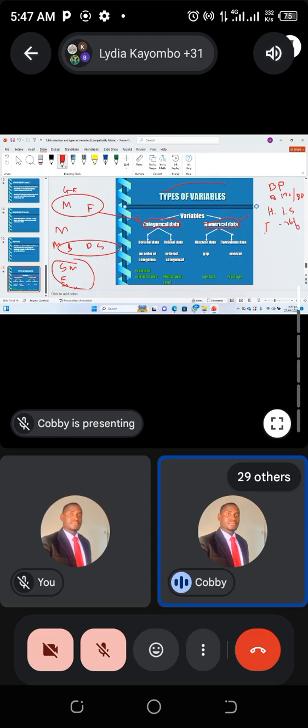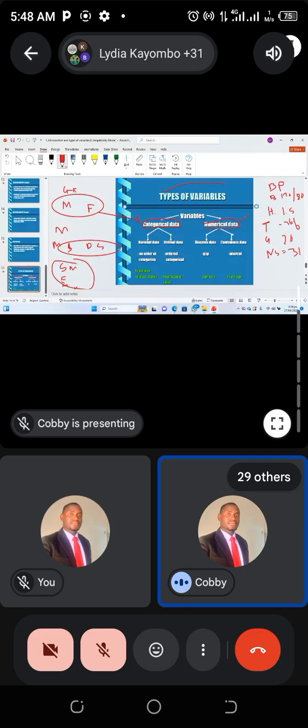What are other examples? Age, which can be 20 years. Number of students. How many are we here? We are 31 today. So there are so many variables that we can give.